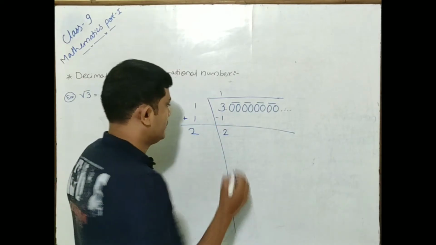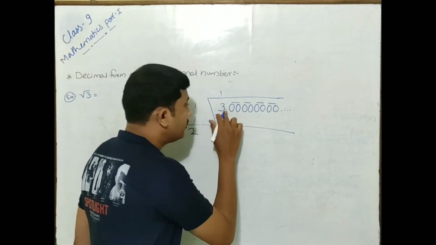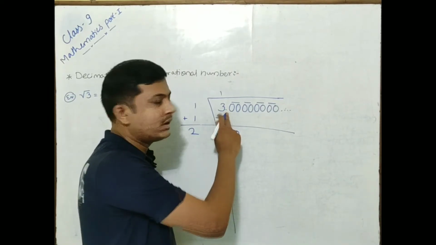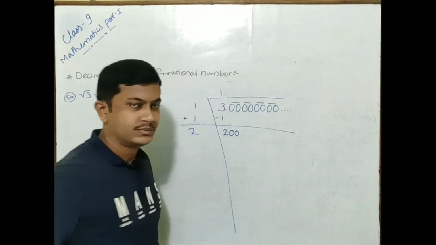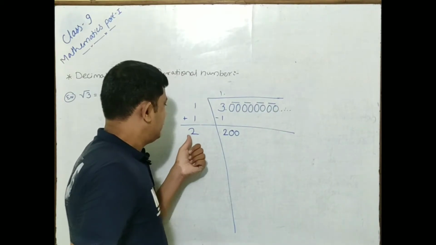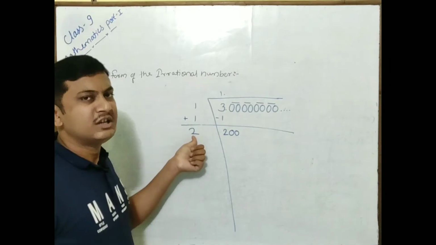If we carry 2 zeros, but the 2 zeros are after the decimal point, so in the quotient we have to give a decimal point. Now here 2 is a single digit number.